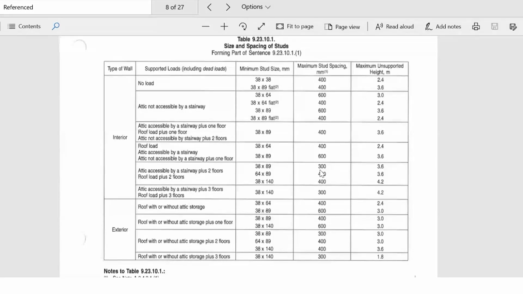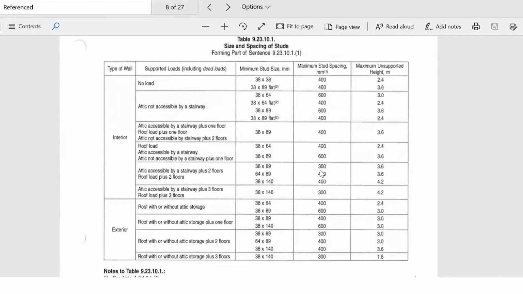The 38 by 89 is typically, and 38 by 140 you will see. But when you're doing partitions, you can go down to 38 by 38. I'm not sure how old this table is, but those sizes have been in there for a long time.